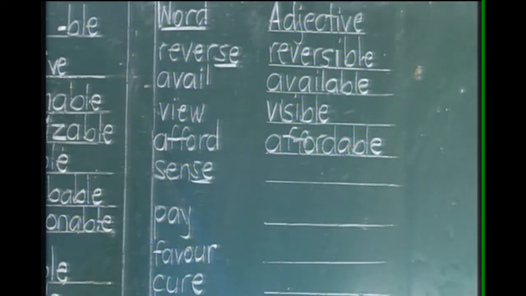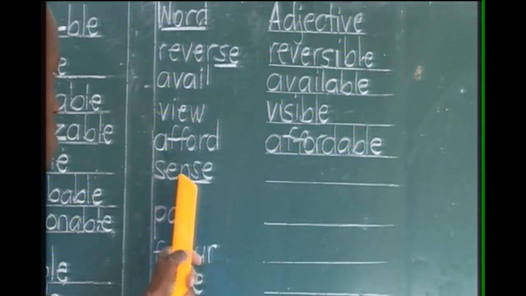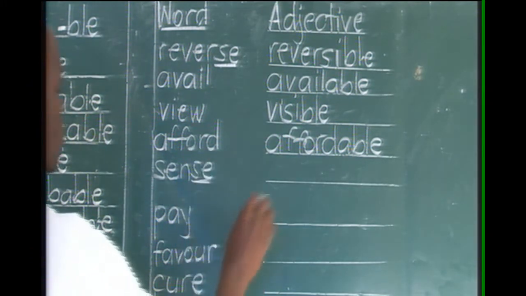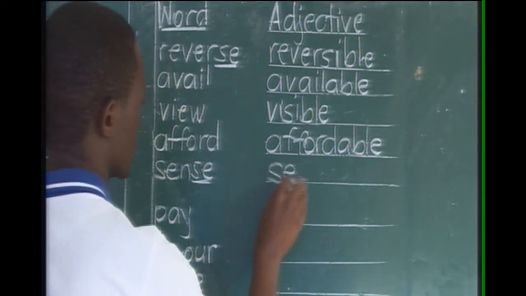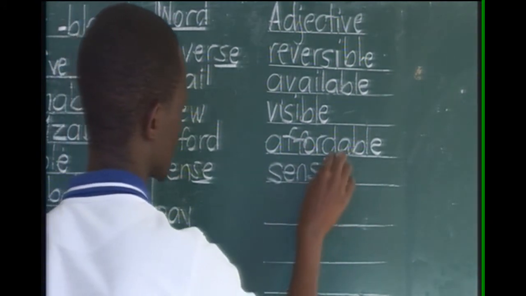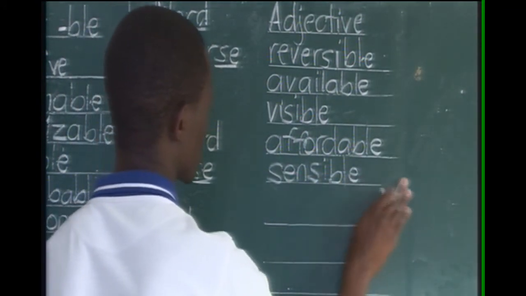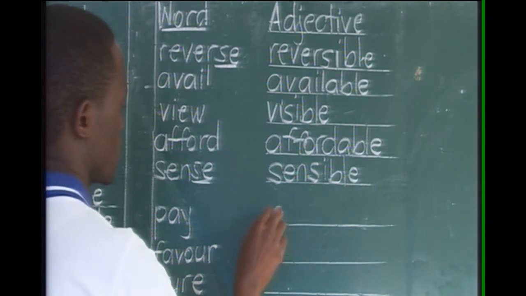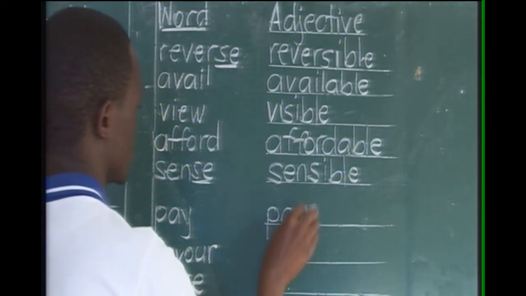So what will happen to sense when forming an adjective using ble as the suffix? You will discover you're forming the word sensible. Hope you're moving together. Then pay, our next word, has its adjective as payable.